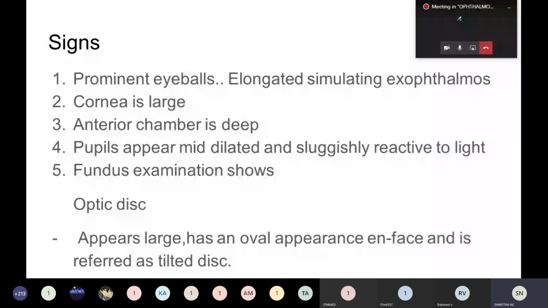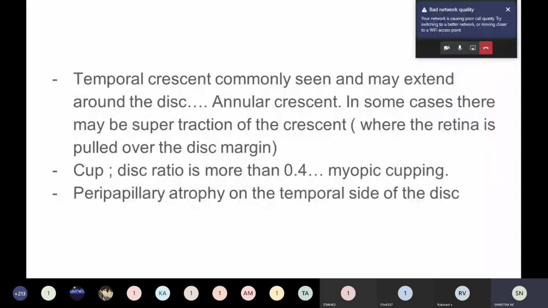Commonly we see the temporal crescent, on the temporal side of the optic disc, that is, on the macular side. Sometimes the crescent may extend all around the disc, what we call the annular crescent. And in some cases, there may be a supertraction of the crescent.